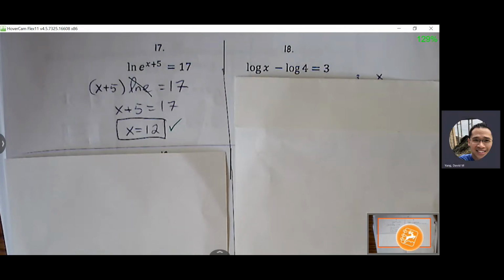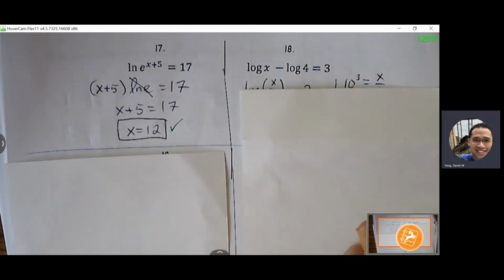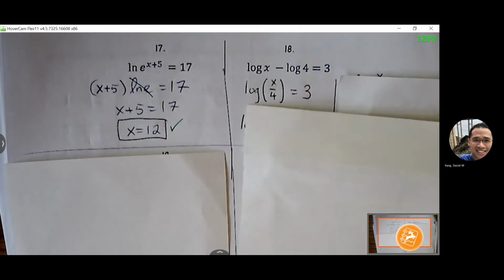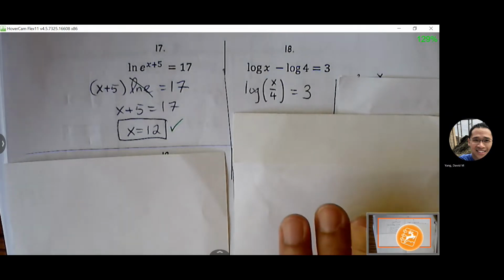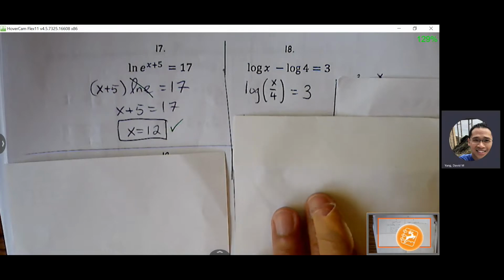Number 18, quotient property. Get that base 10 to show up.